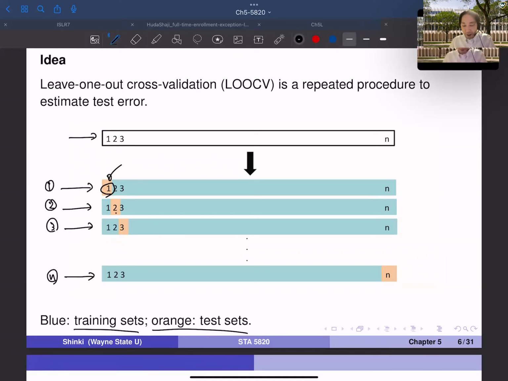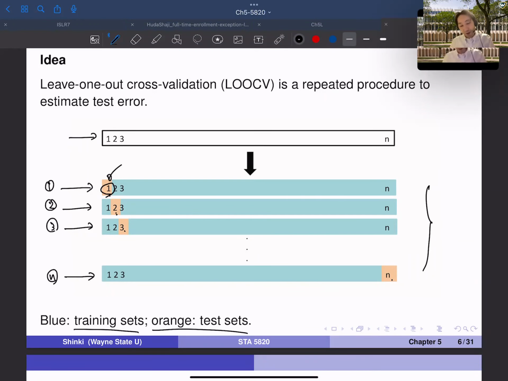This approach is very good because each of the observations is used as the test set exactly once. So we don't have any variability, and we didn't randomize anything. With the training and test set approach, you can even make a trick: if the test error is too large, you can resample again and again to make the test error smaller, so there is some arbitrariness.